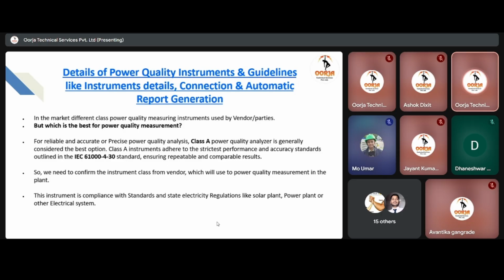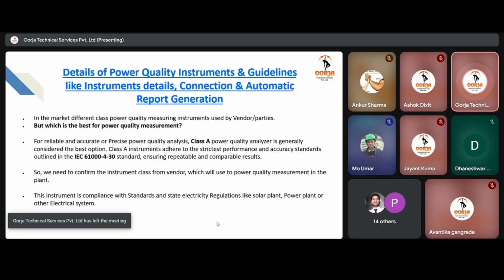Class A instruments adhere to the strict performance and accuracy standards outlined in the IEC 61000-4-30 standard, ensuring reliability and comparable results. So we need to confirm the instrument class from the vendor which will be used for power quality measurement in the plant. This instrument should be compliant with the standards and state electricity regulations for solar plants, power plants, and other electrical systems.